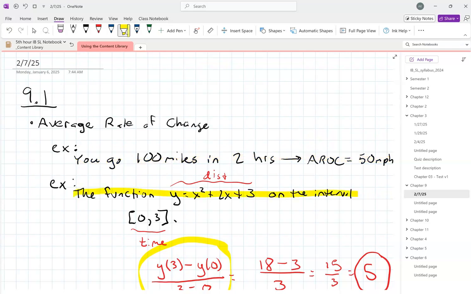If I want to know the instantaneous rate of change for my function at x equals 2, do I have enough information to get that?